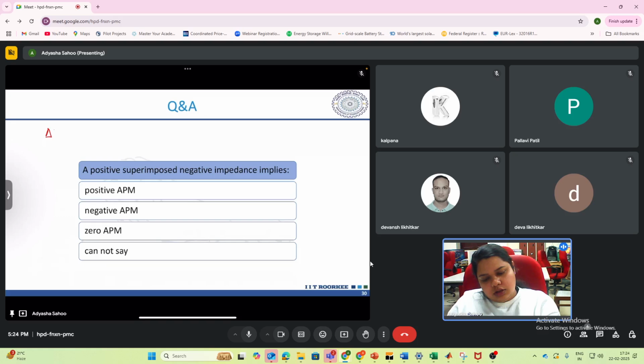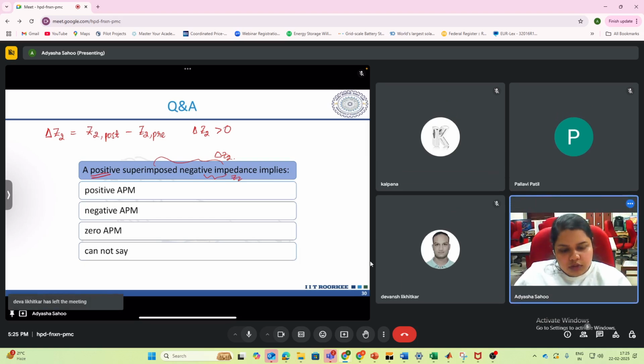This we saw in the earlier also. Superimposed impedance is nothing but Z2 post fault minus Z2 pre fault. So it is telling that this delta Z2 is greater than 0. It is positive. So if this delta Z2 is positive, what can you infer?